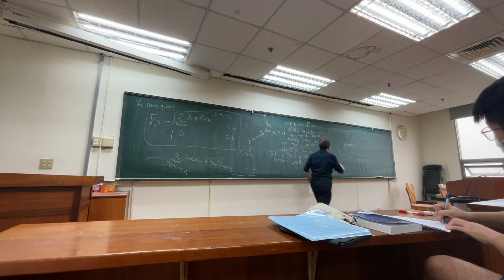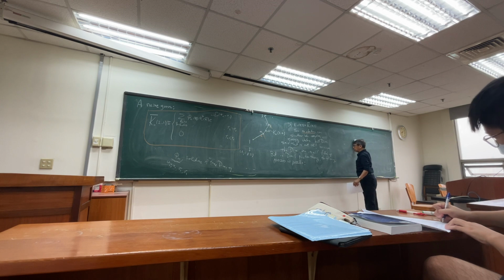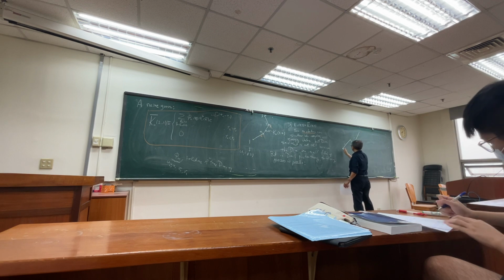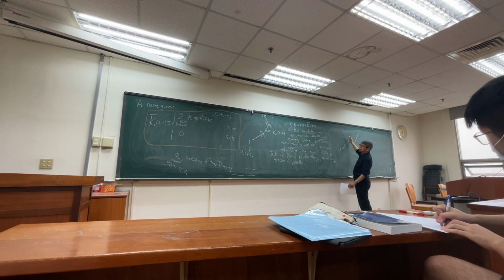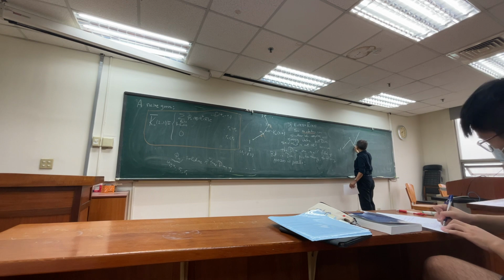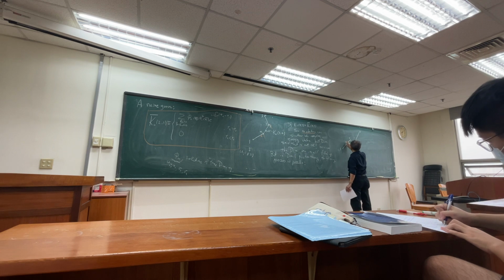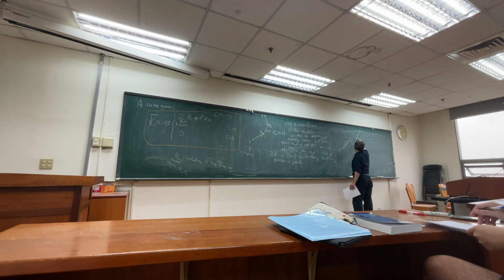That is, this is 1, 4, 3, 2. And this is the electron. So this is the electron, this is the positron, this is the electron.